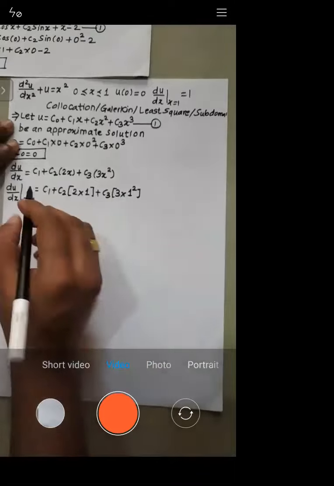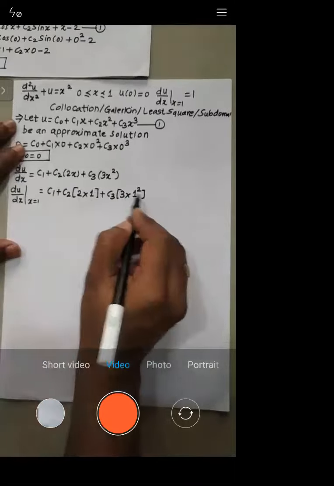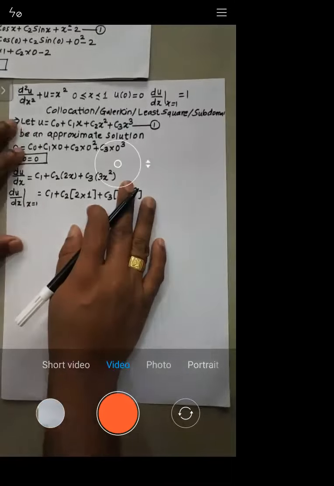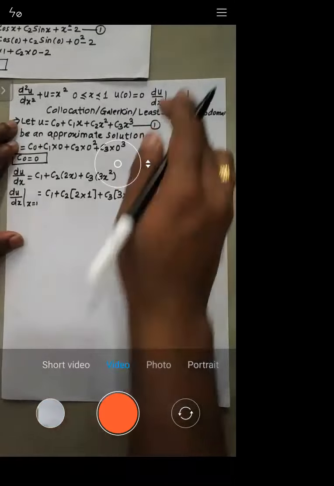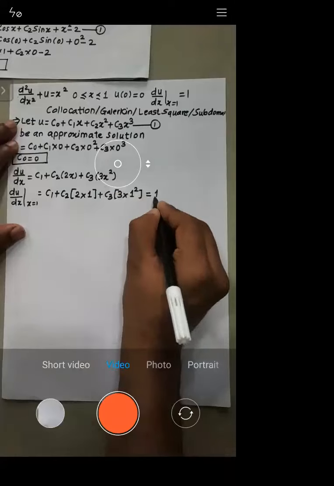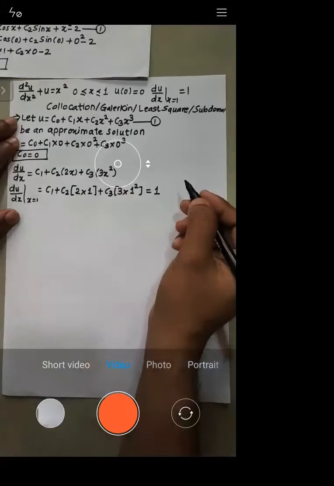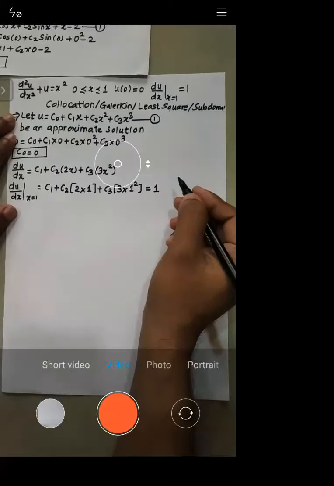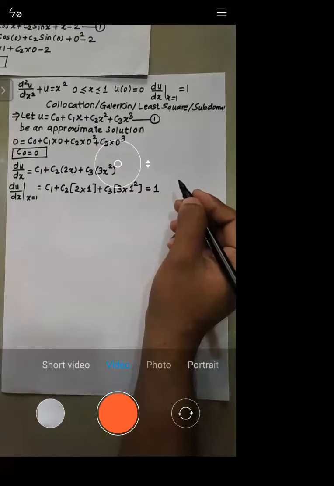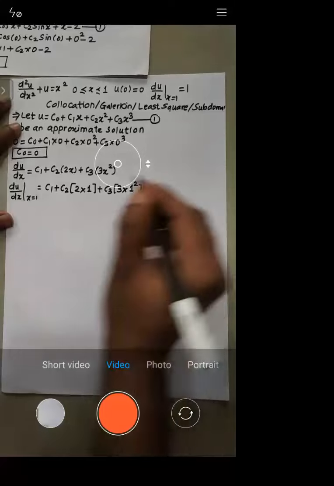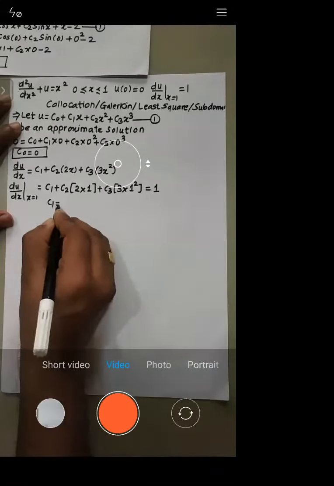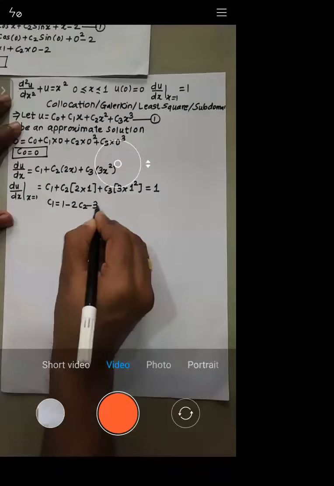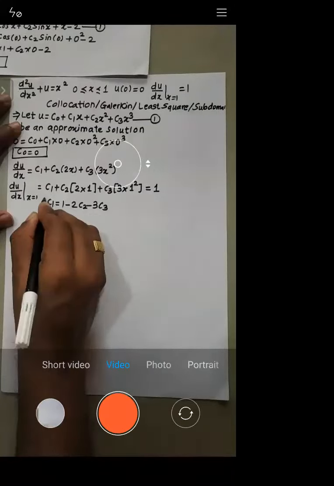When you put x as 1 in du by dx, its value will be equal to 1. Is it okay? So from this, what is the value of c1? c1 equals 1 minus twice c2 minus thrice c3. Is it okay?